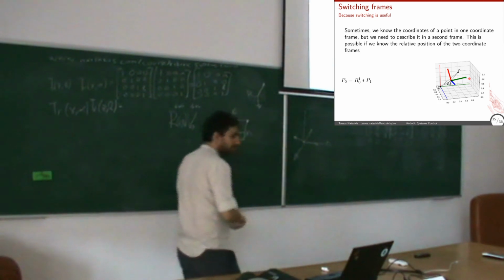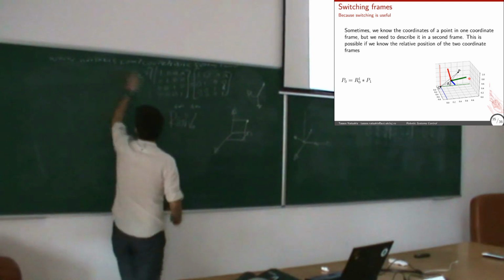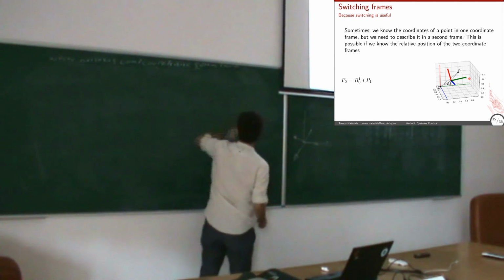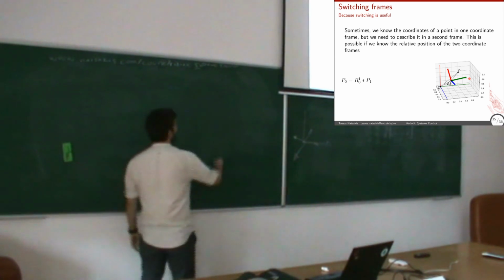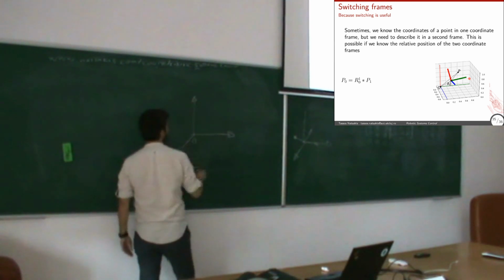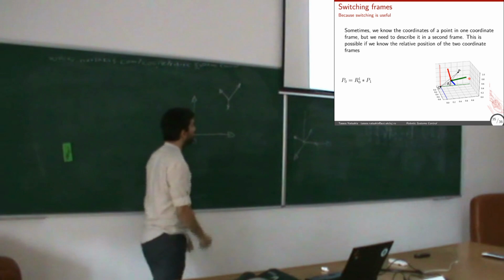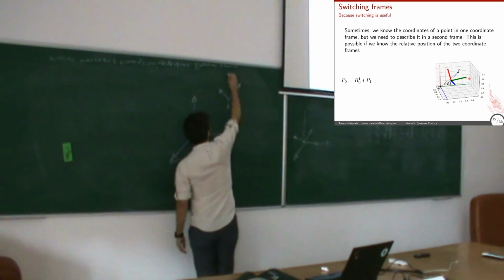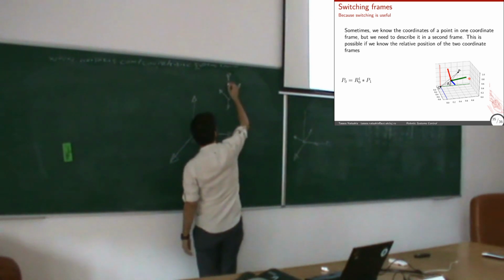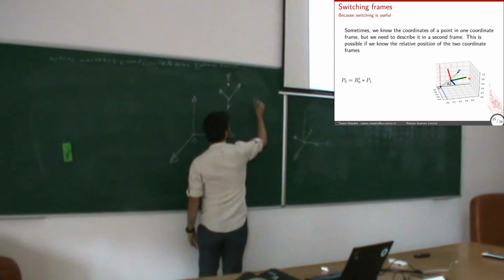Very basic. If I know the coordinates of a point in one coordinate frame, let's say I have coordinate frame 0 and coordinate frame 1, and I know the coordinates of one point in one frame, let's say point 1, P1.